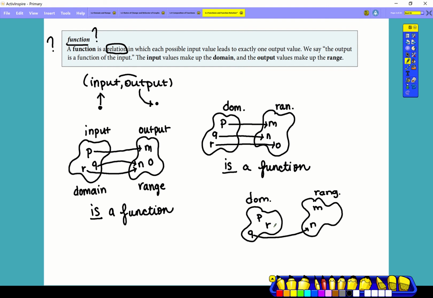Can't have that. But R will go to both M and N, meaning that we have R to M and R to N. Now this is not a function at all.